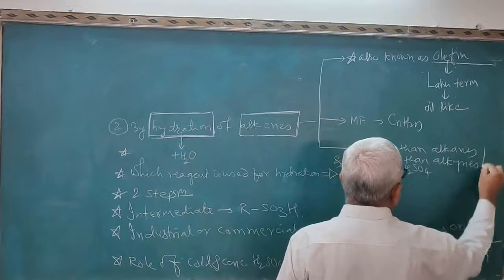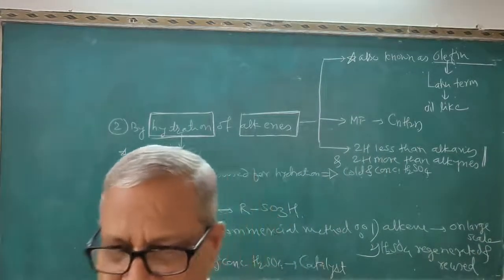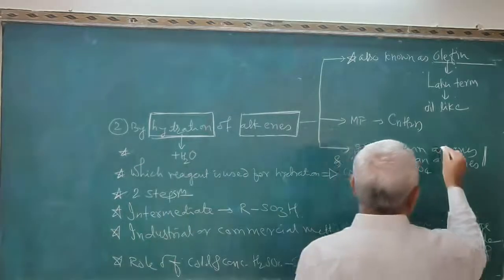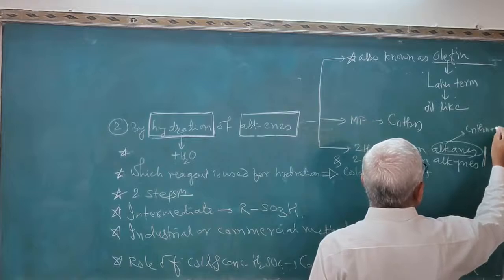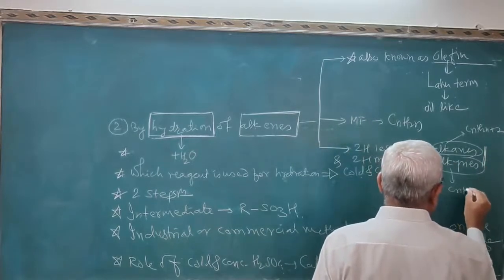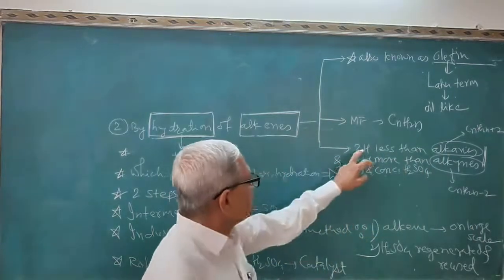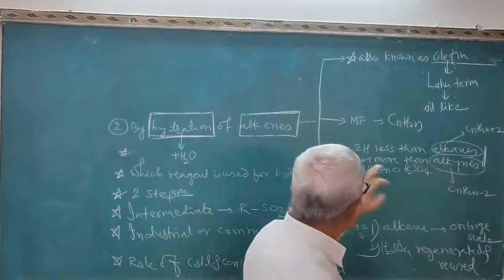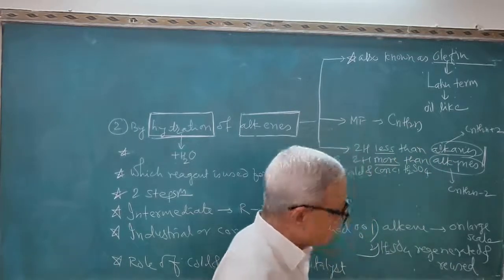You know the general formula for alkane is CnH2n plus 2. You know the general formula for alkene is CnH2n. So it contains two hydrogen atoms less than alkane and two hydrogen atoms more than alkynes.